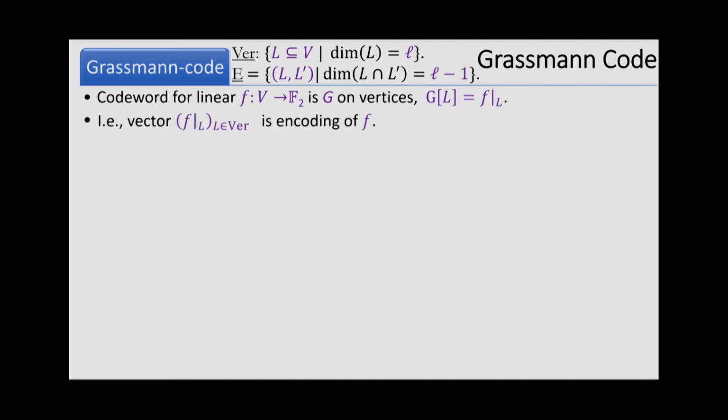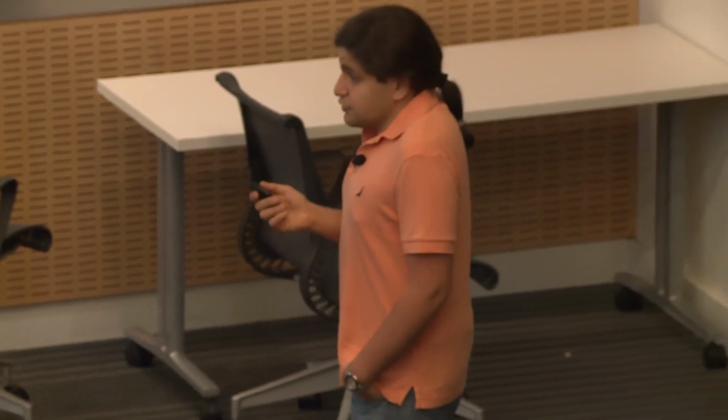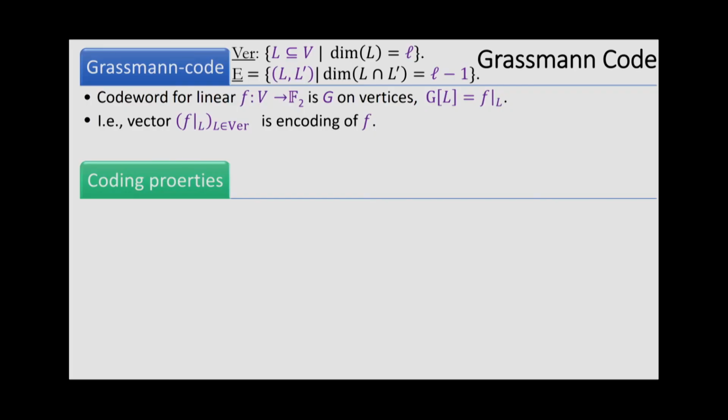Let's say it again. For every vertex, we look at the restriction of little f to that vertex. We write down some encoding of that linear function. We take all of these symbols, and this is our encoding of f. Just to see that we're on the same page, let's check some basic properties of this code.